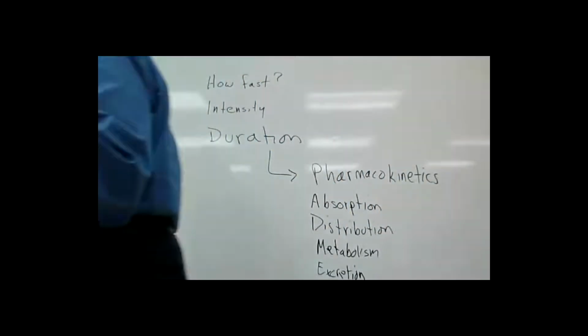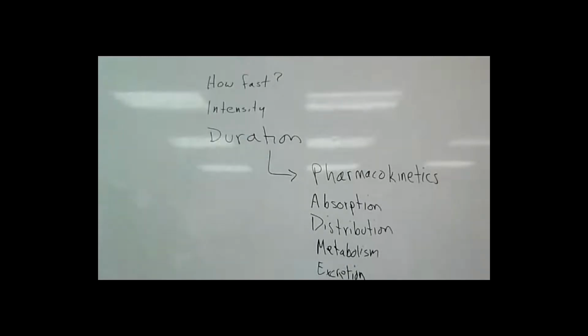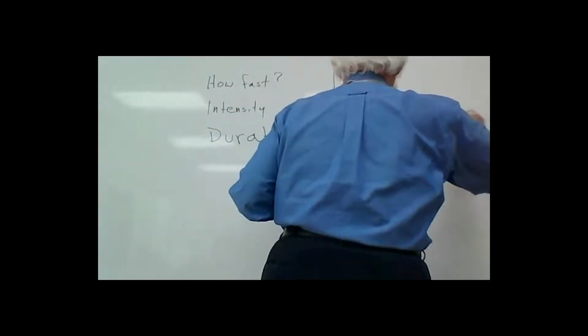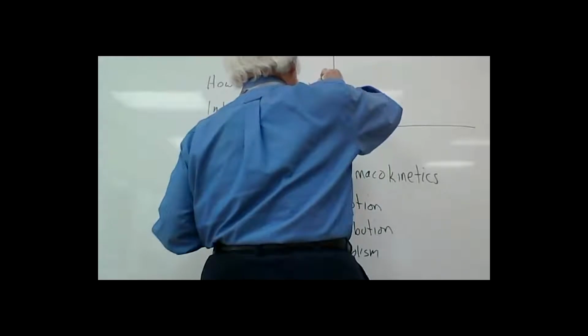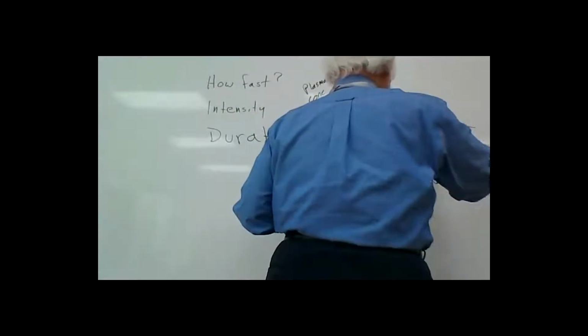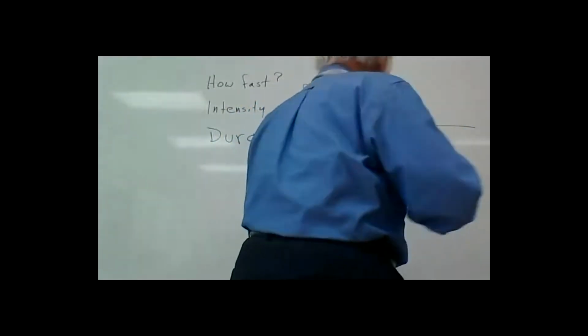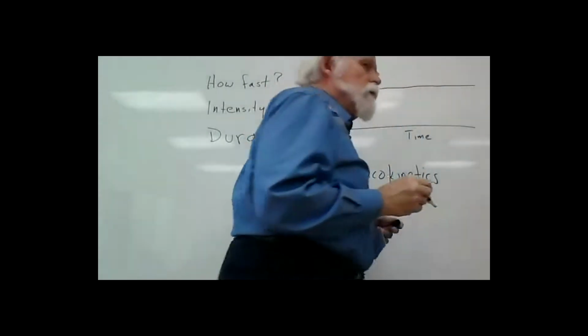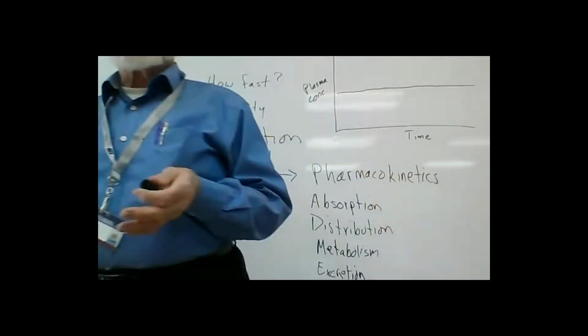that concentration curve versus time is dependent on dose, and it also instructs us as to how often the drug has to be administered. If we look at a plasma concentration over time curve, ideally, we would maintain a therapeutic level that was constant.